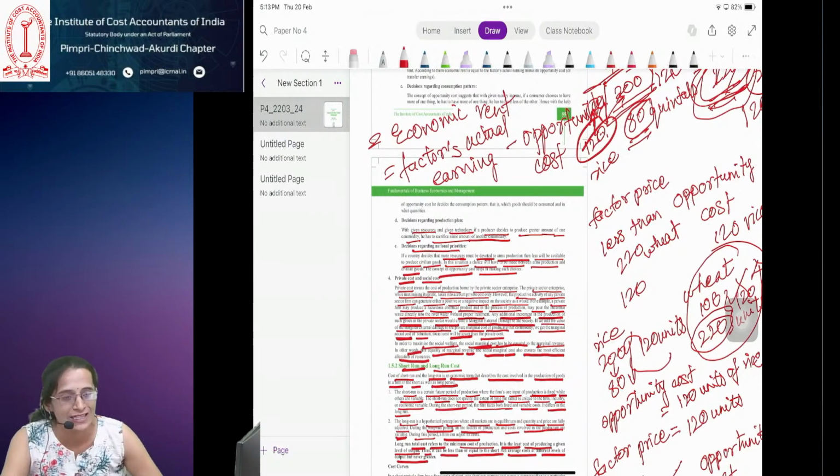A nation also has some scarce resources, right? It also has to decide which products it has to produce and which it has not to produce. So, opportunity cost again: if it increases production of one good, it cannot produce as much of another, because resources are scarce. That also is applicable for a nation.